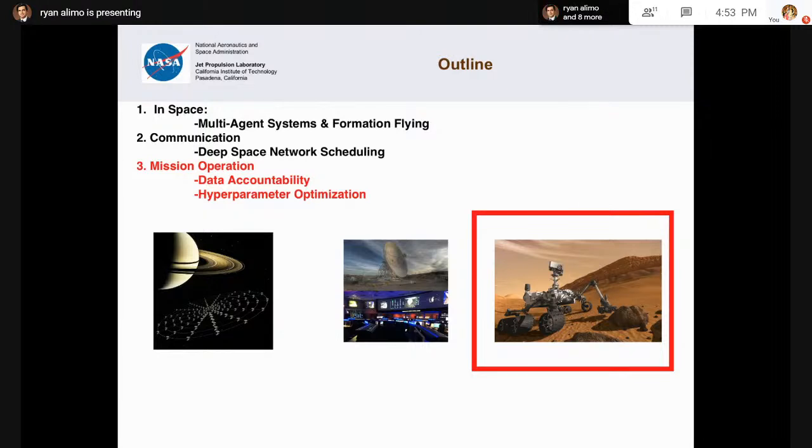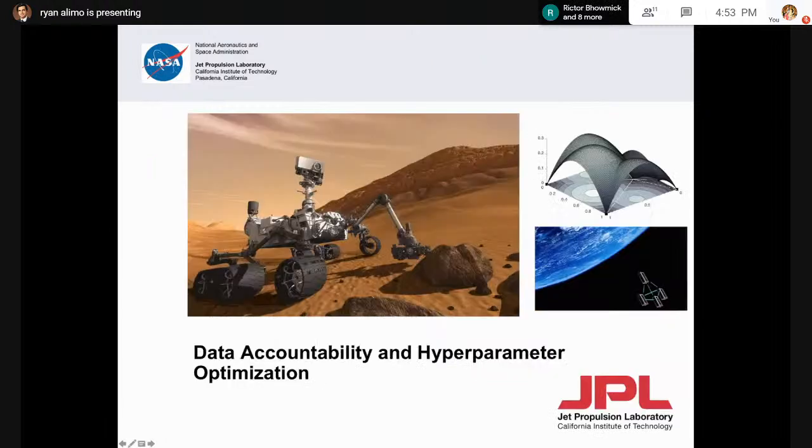So please note that we had three areas of automation and deep learning for space. One was onboard autonomy, right, in space. The other one that I talked about was communication, how we can communicate from the Earth to the spacecraft. The third one is mission operation, which means that if you have the spacecraft, some of this data needs to come back to Earth, right?